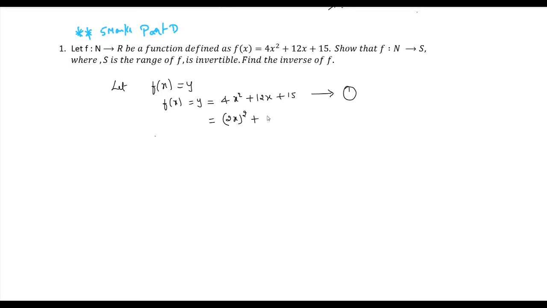Now, this is a square and we can write this as 2ab. So, this is 2. A, we have understood that it is 2x. B is 3. Correct? 4, 3s are 12. So if this happens to be 3, then we can write this as 9 plus 6. Now, grouping this gives us 2x plus 3 whole square plus 6.